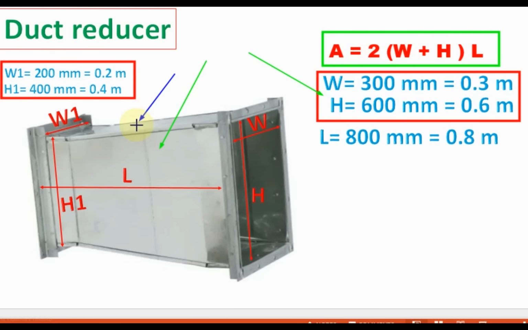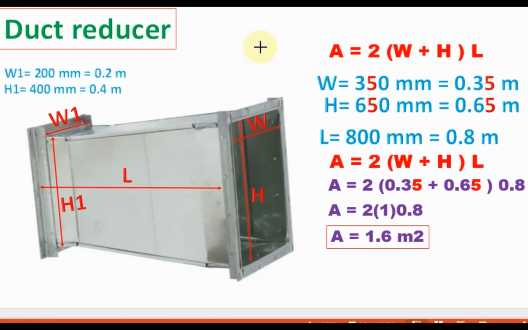As there are duct joints on all four corners of this reducer, we will add 50 mm to each dimension of this reducer. Now you can see width became 350 and height became 650. When we apply this value in the formula, we get the area for this reducer equal to 1.6 square meter.